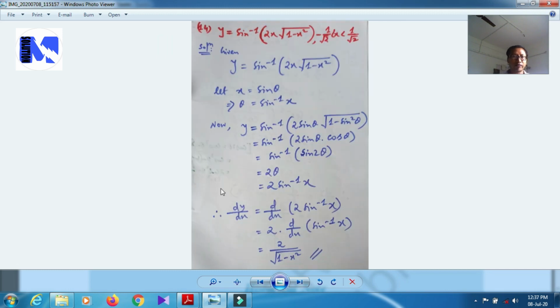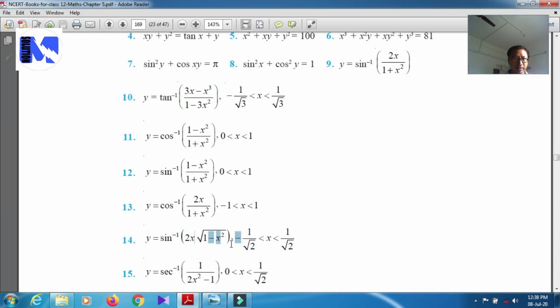Next, you see question number 14, y equals sine inverse of this part. Can we make it simpler, to convert the inverse trigonometric function into the simplest form? How can we convert? It is under the square root. If we take x equal to sine theta, then it will be 1 minus sine square theta, so it will be cos square theta, then it will be cos theta.